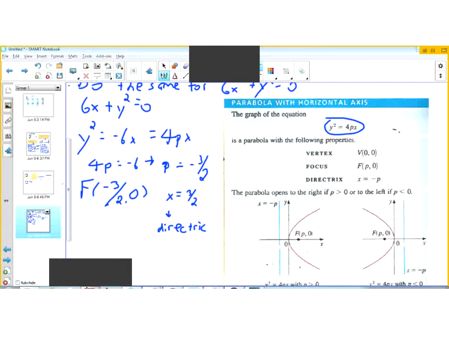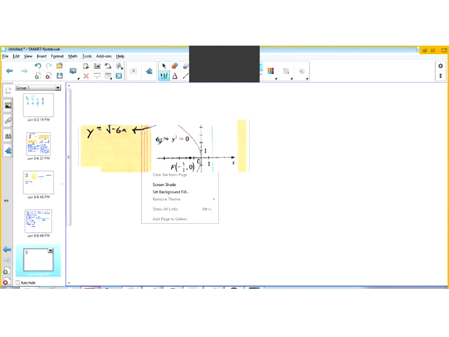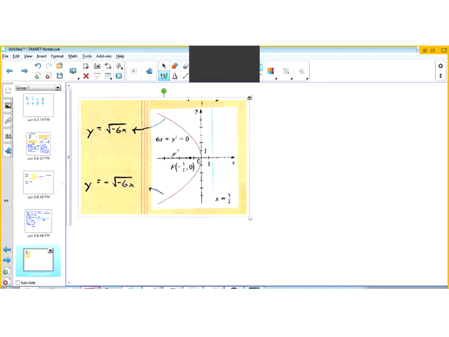Right? And to convince yourself this is true, I can show you the graph. So let me pull up the graph. All right, so the graph of that would look like this.